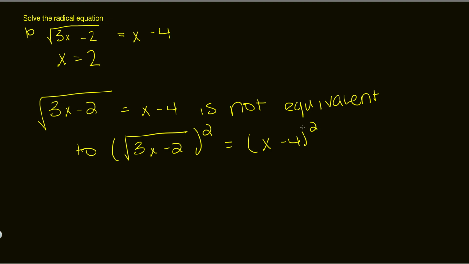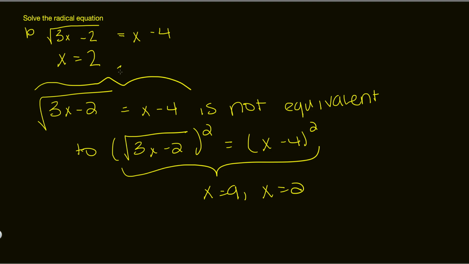If we were to graph this, both graphs have an intersection at x equals 9, but the second graph also has an intersection at x equals 2. The first graph would only have an intersection at x equals 9.